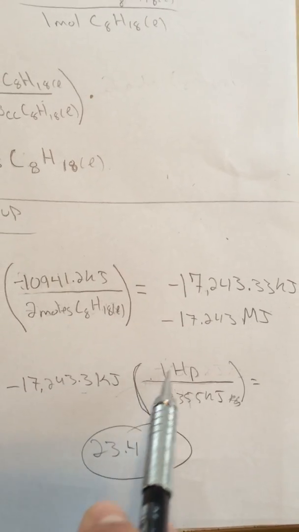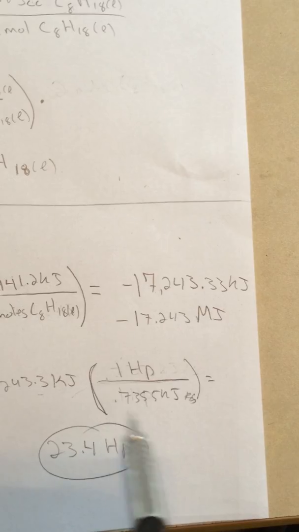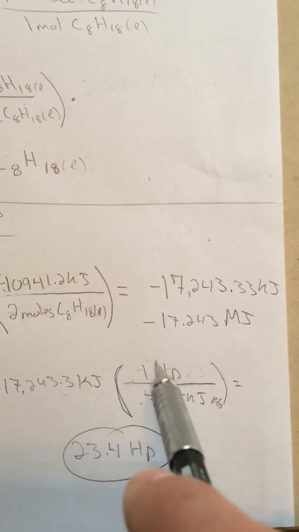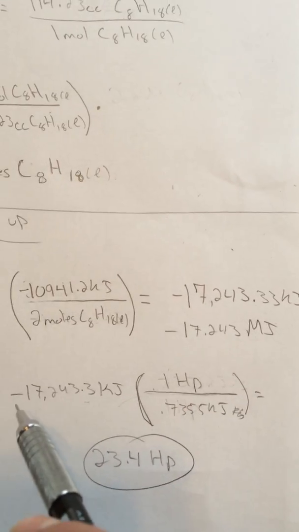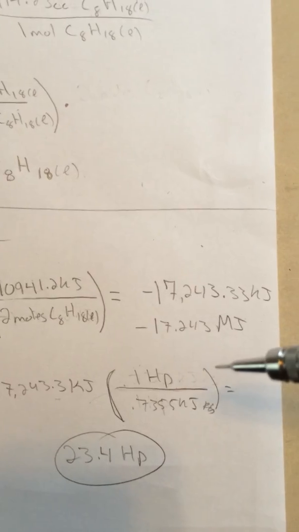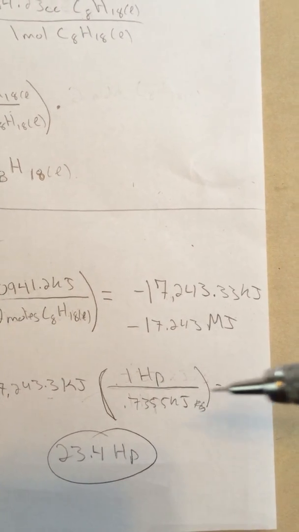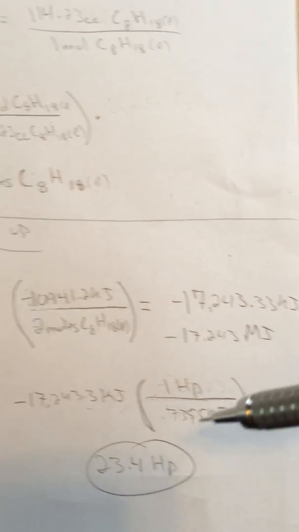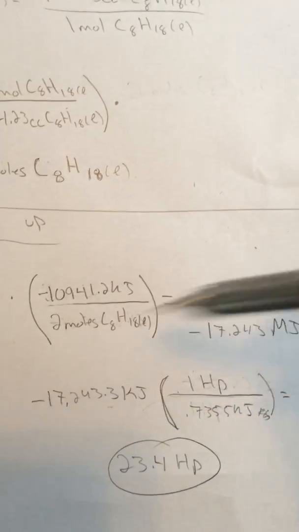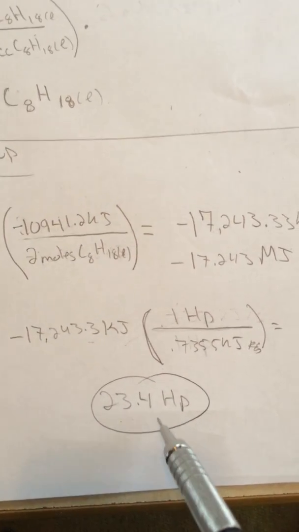So easy enough, we just use our multiplicative identity here, and we'll multiply negative 17,243 kilojoules by 1 horsepower over 0.7355 kilojoules per second, and we have to change this to kilojoules so units match, and we're going to end up with this number here of 23.4 horsepower.